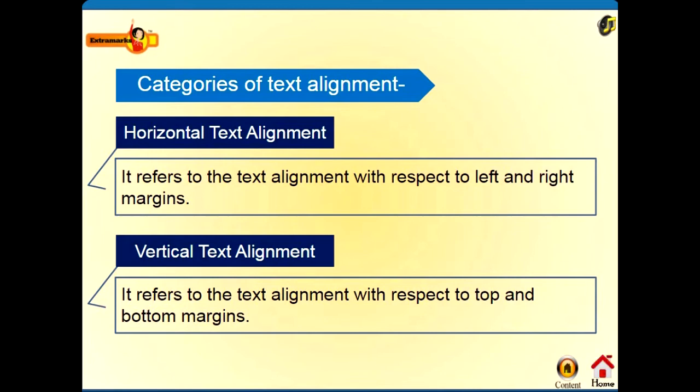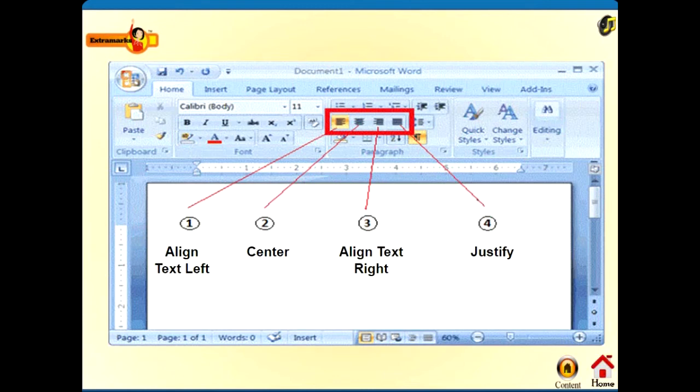The other refers to the text alignment with respect to the top and bottom margin. This is called vertical text alignment. There are four different types of alignment: align text left, center, align text right, and justify.